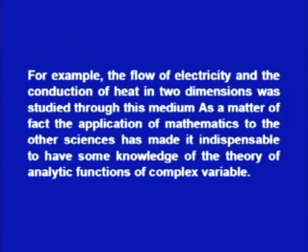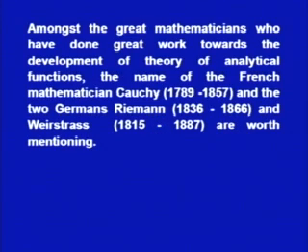As a matter of fact, the application of mathematics to the other sciences has made it indispensable to have some knowledge of the theory of analytical functions of a complex variable.